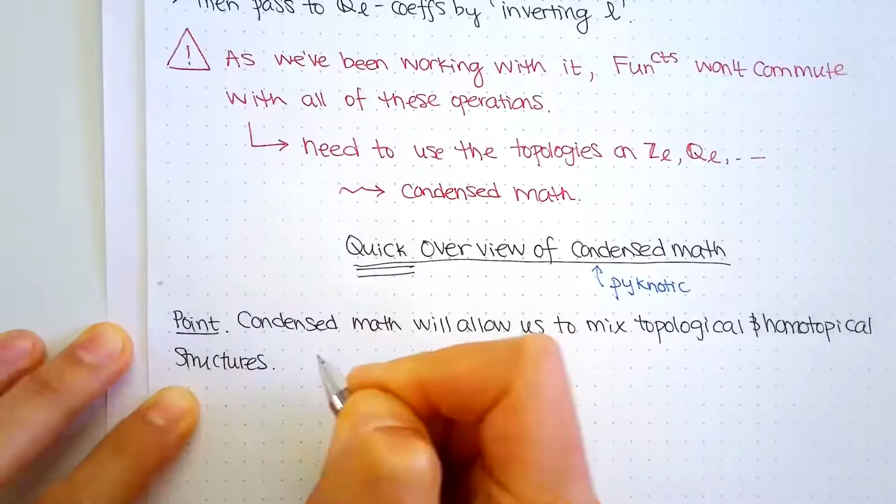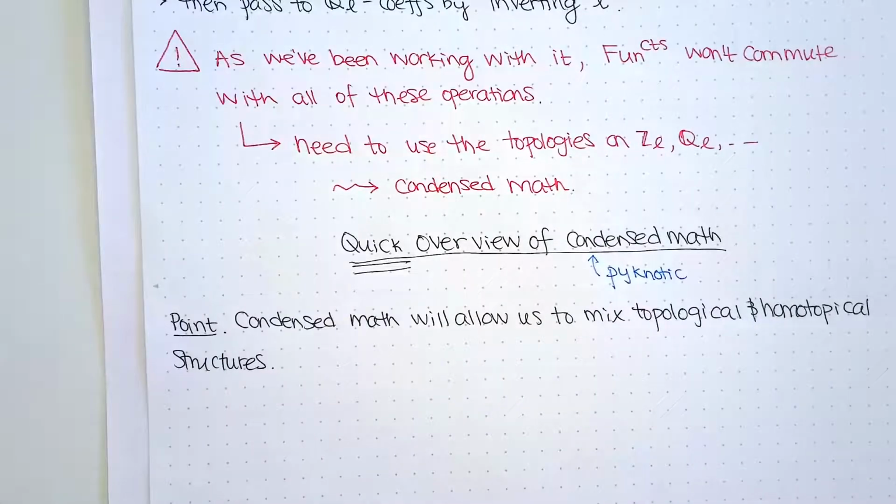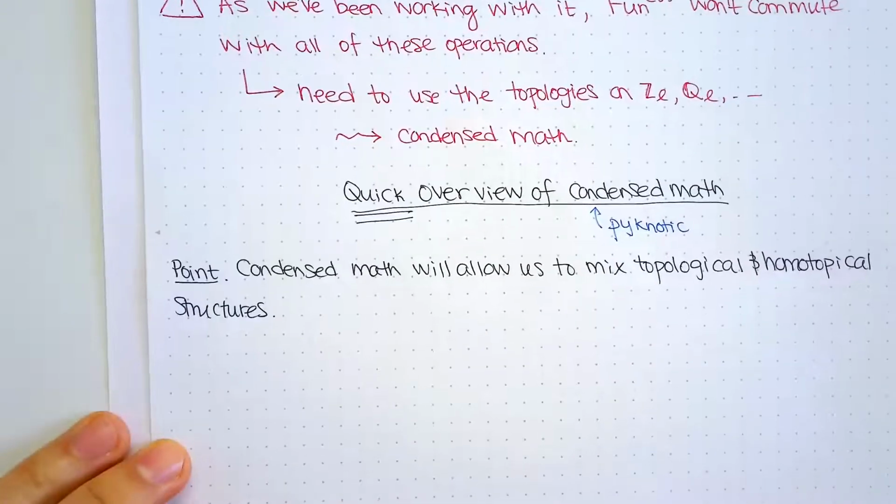Because working classically, there's not a good way of including a topology on a ring when you talk about the derived category of a ring. But in this world, there will be.